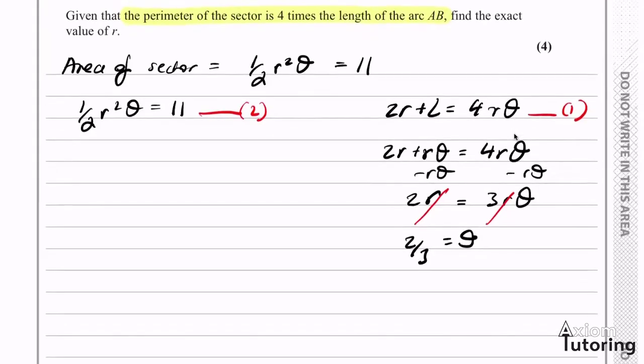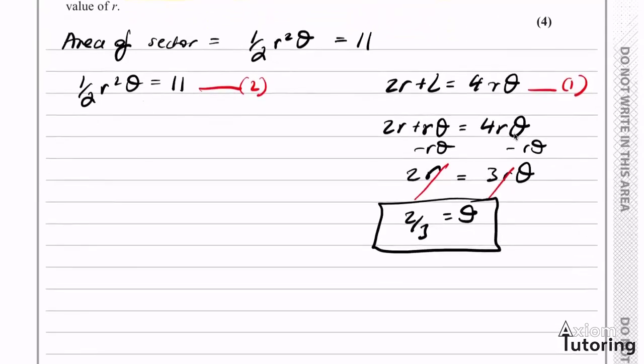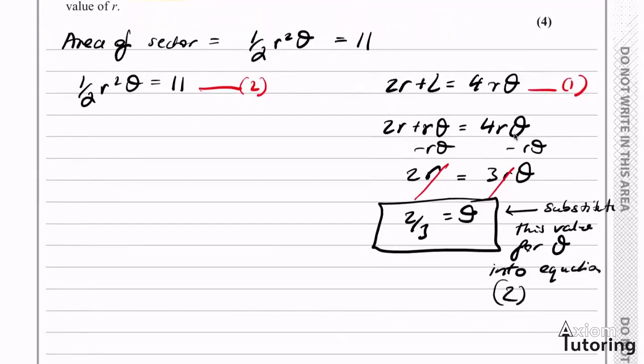Now, we can use this value for theta and plug it in to equation 2. So we can substitute this value for theta into equation 2, which I've written down here.